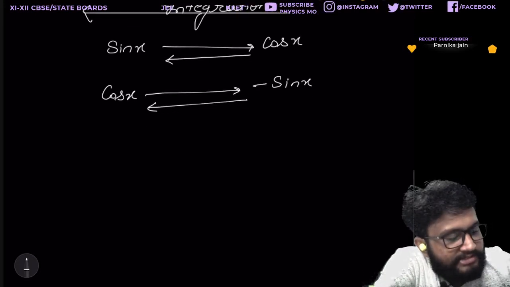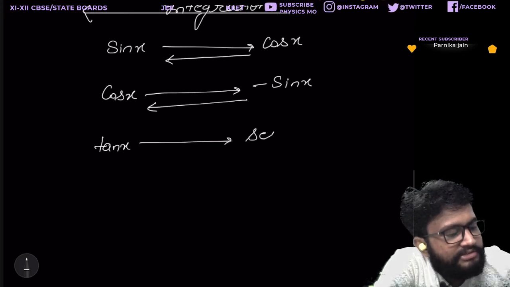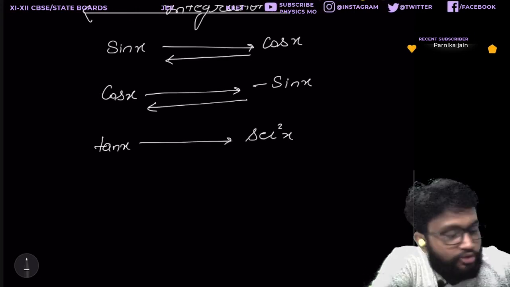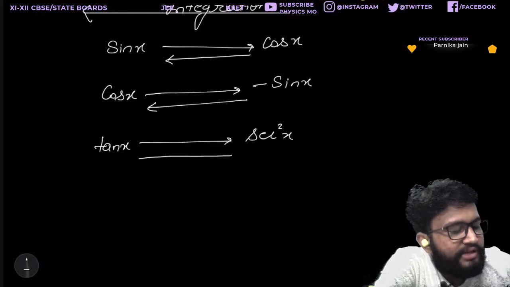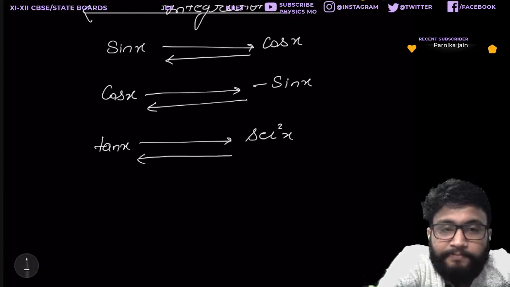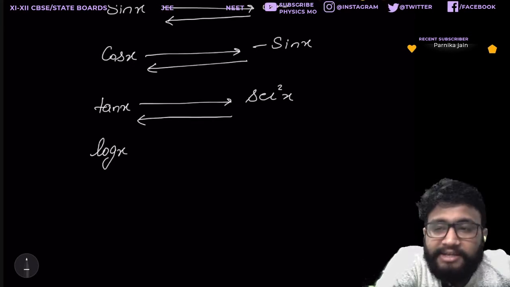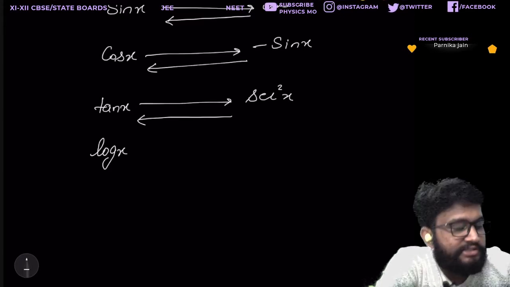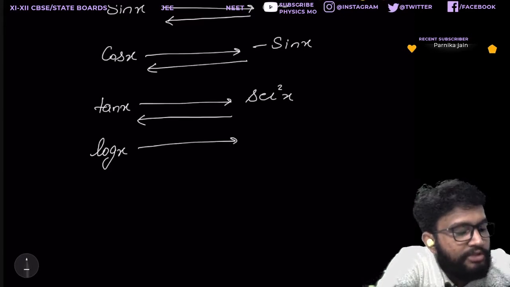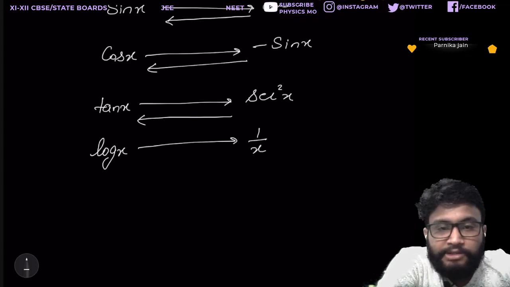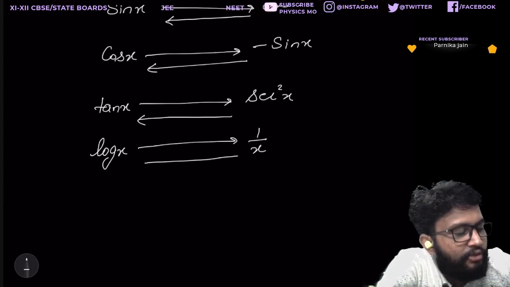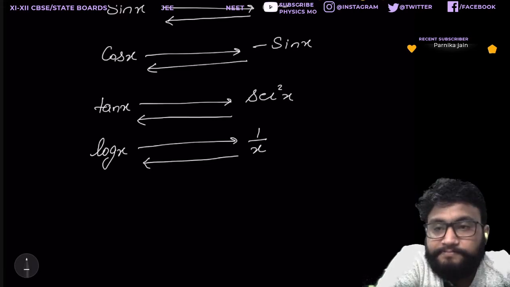Then we have tan x. What was the differentiation of tan x? That was sec square x, so the integration of sec square x will be tan x. Then we have, let's say, log x. You can learn this for all functions; I am just telling some of them. The differentiation of log x was 1 upon x, so what will be the integration of 1 upon x? log x.